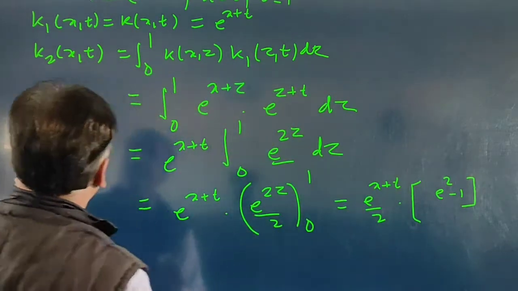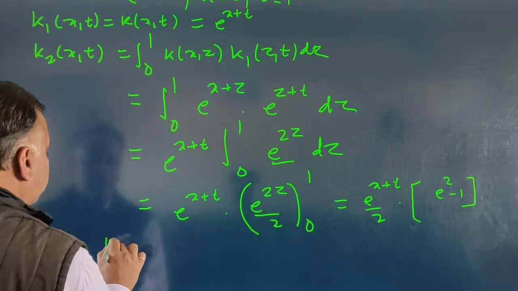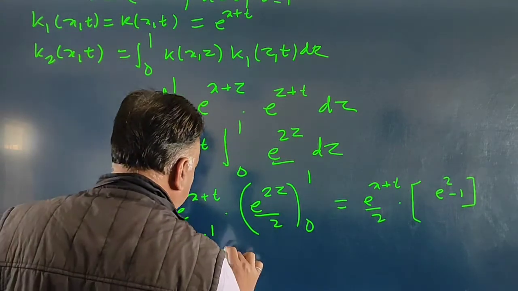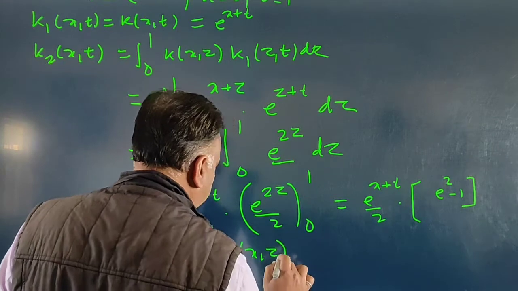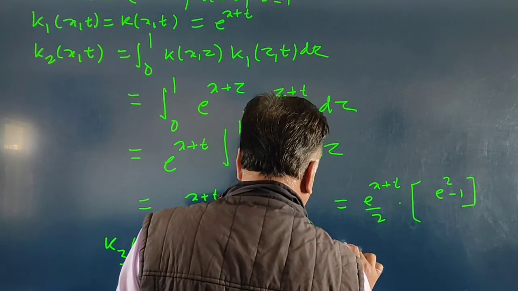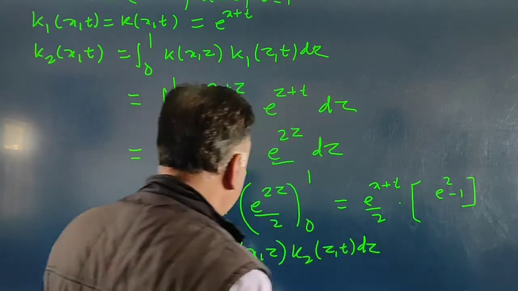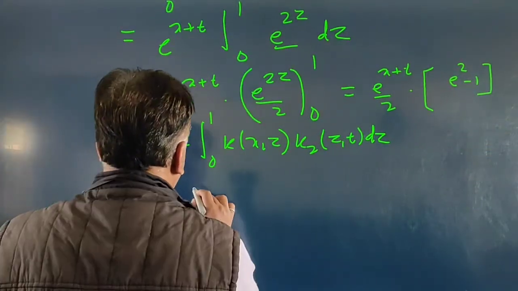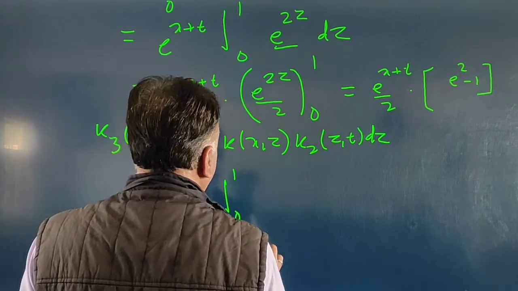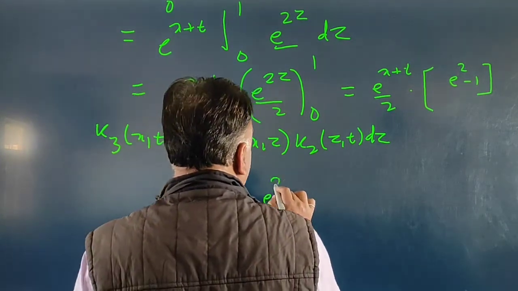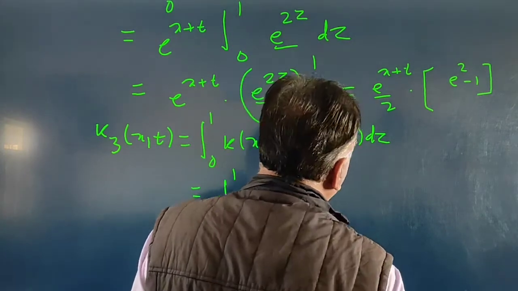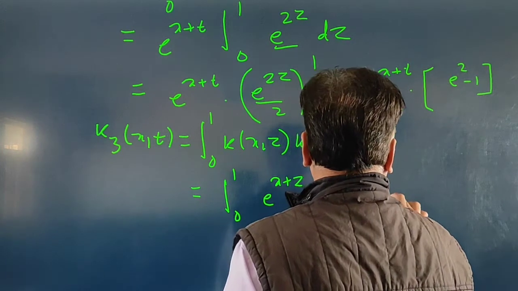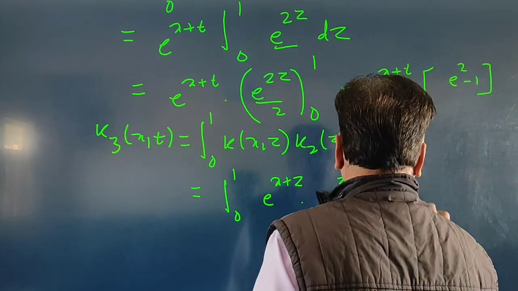Now again if we find the third iterated kernel K3(x,t), then K3(x,t) is equal to the integral from 0 to 1 of K(x,z) K2(z,t) dz. Putting the values, K(x,z) is e raised to x plus z, and K2(z,t) is e raised to z plus t into (e squared minus 1) upon 2.